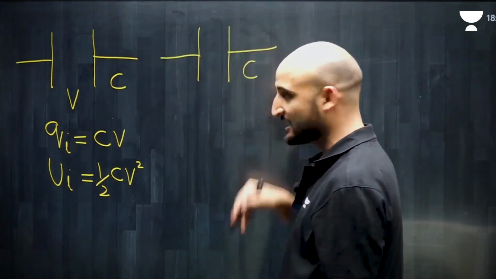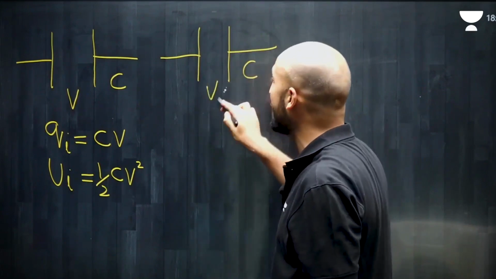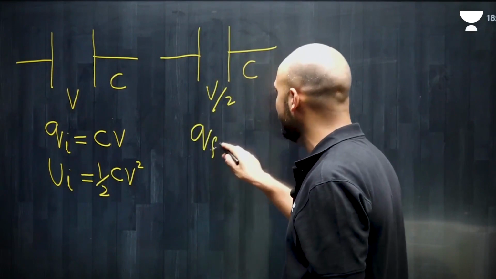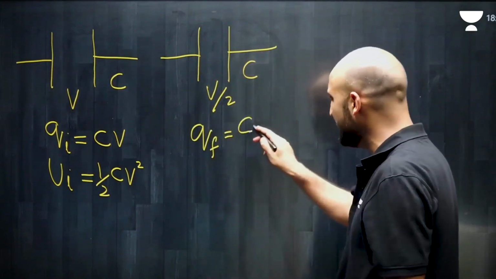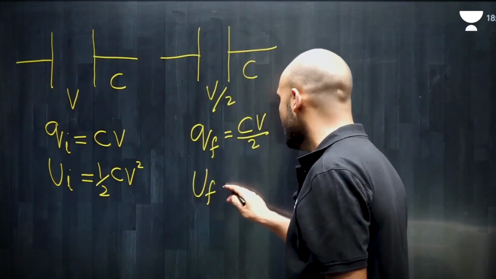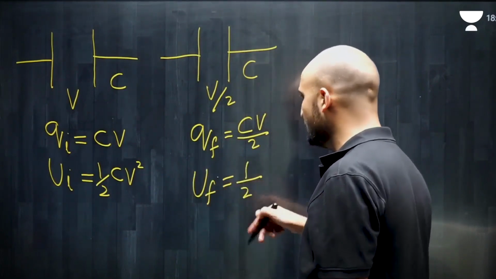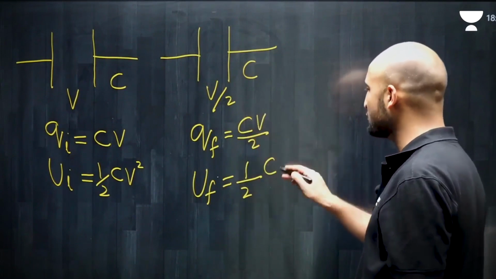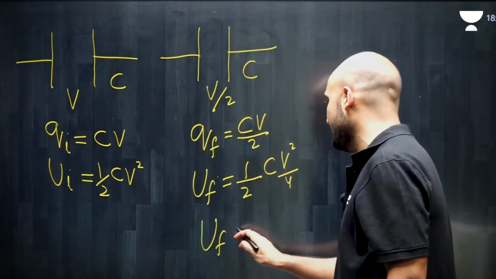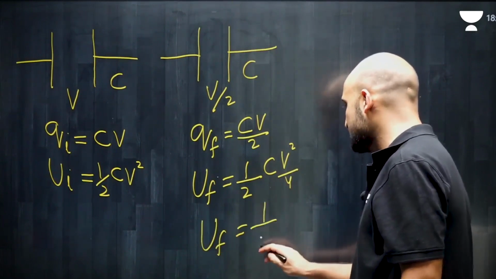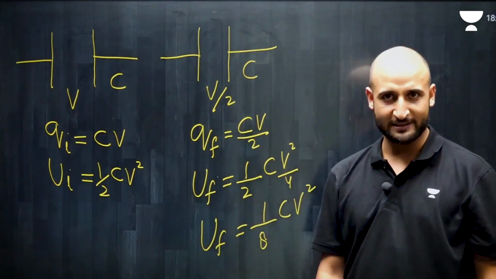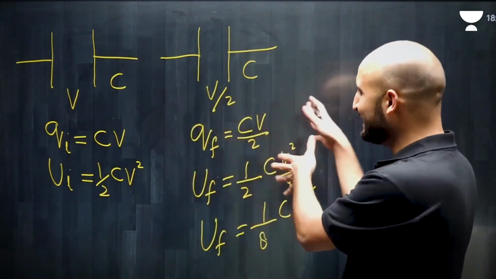Capacitance will not change, that will be C. Potential difference will not be V, it will be V by 2, which means that final charge will not be CV, but it will be C into V by 2. Right? Final energy stored, U final, will be equal to 1 by 2 C into V square by 4. That means final energy stored will be equal to 1 by 8 CV square, right? So I wrote every data here.